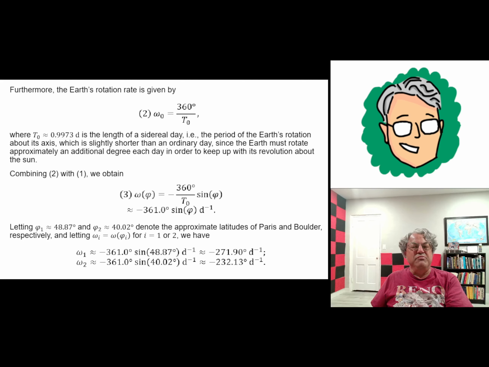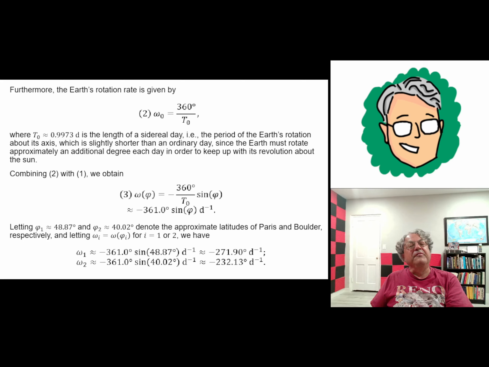But that's not the day we measure, because the day we measure is a little bit longer than that, because the Earth is also revolving around the sun, and it has to rotate about an additional degree to catch up. We measure time by the sun, so what we call a day is really the amount of time it takes for the Earth to rotate about 361 degrees about its axis, because once it does that, the sun will be in the same position in the sky, approximately, as it was the previous day.